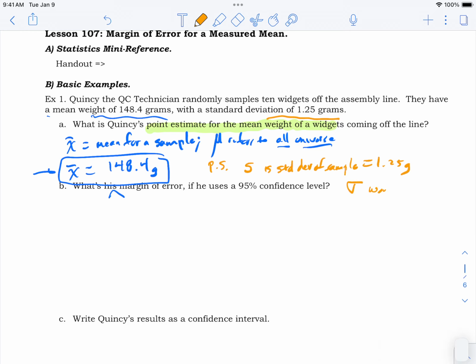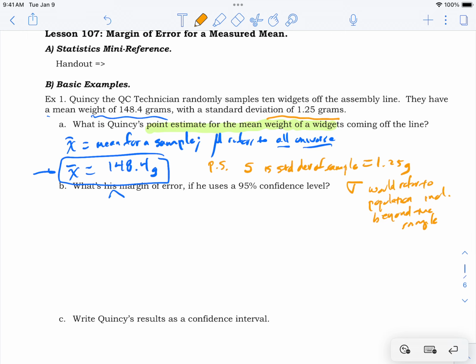Sigma would refer to the population beyond the sample, which is what I was saying before about the whole universe.